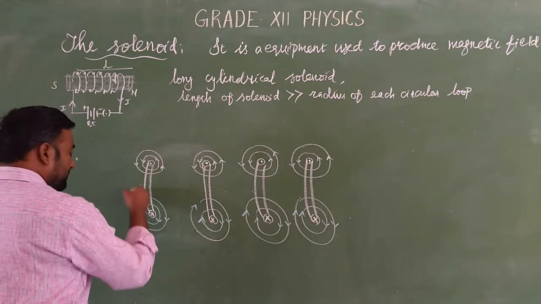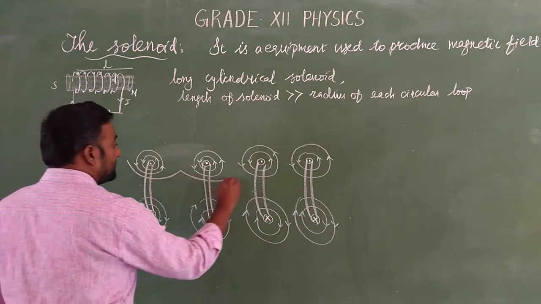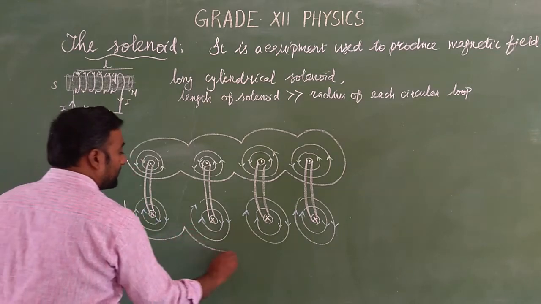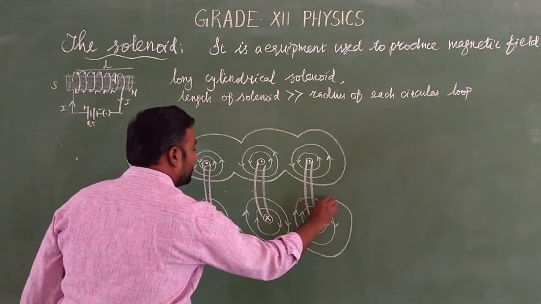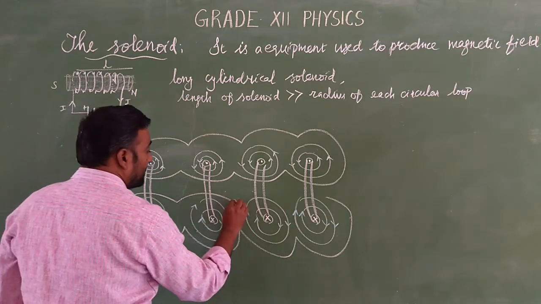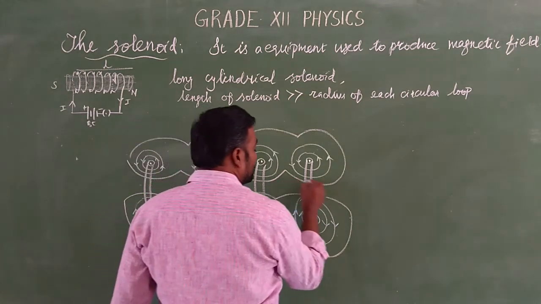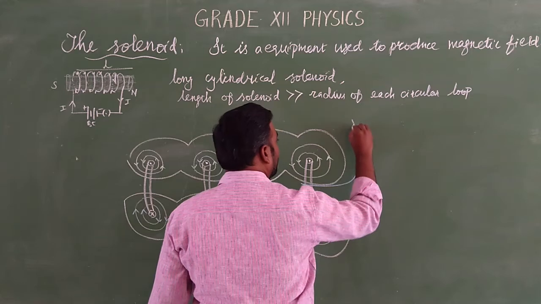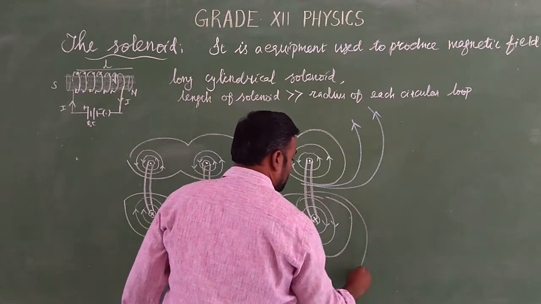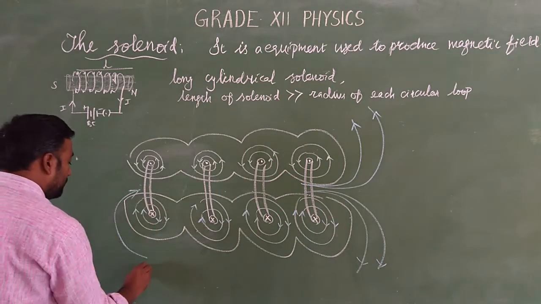So between the solenoids, the field lines emerge externally. From where to where? Externally from south pole to north pole? Is it so? No. Externally the field lines emerge from north pole to south pole.